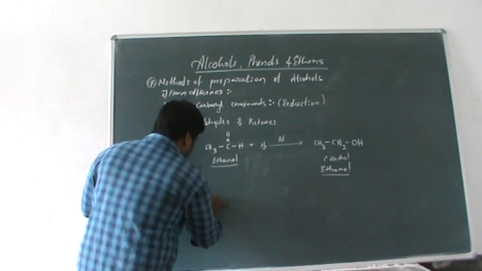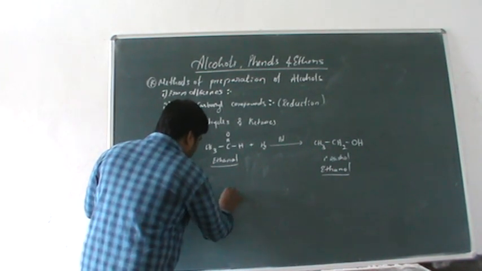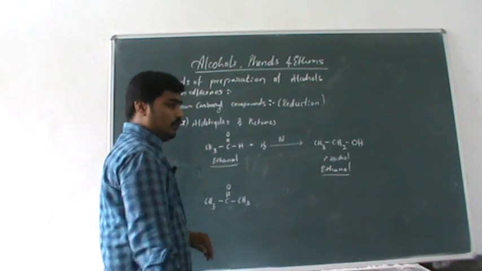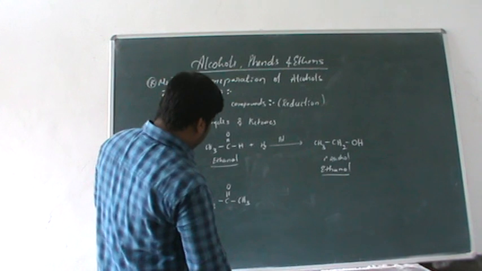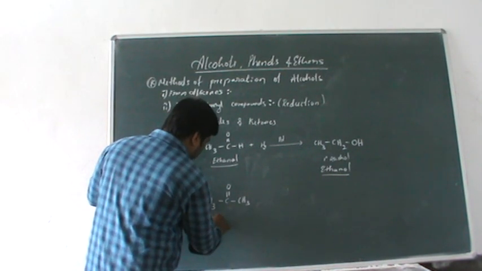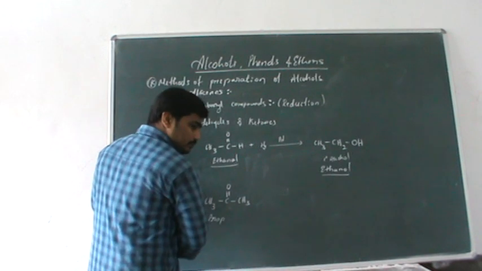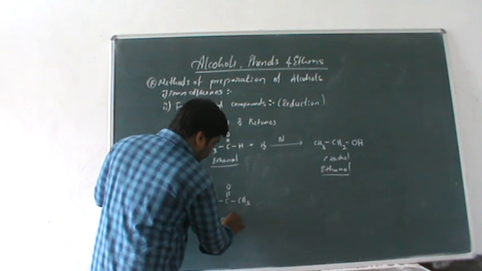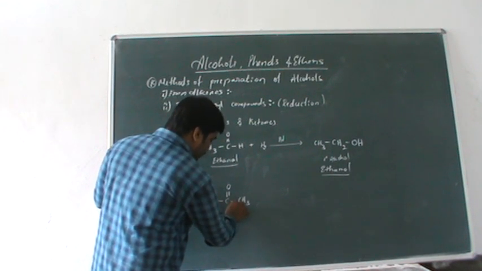Ketone, a very familiar ketone, CH3COCH3. What is the name of the compound? According to the IUPAC system, the carbons are numbered 1, 2, 3, therefore it is prop-, ketone present on the second, therefore propane.